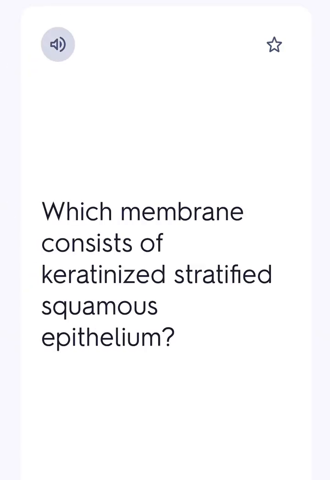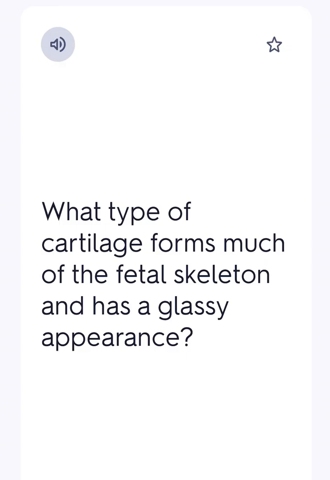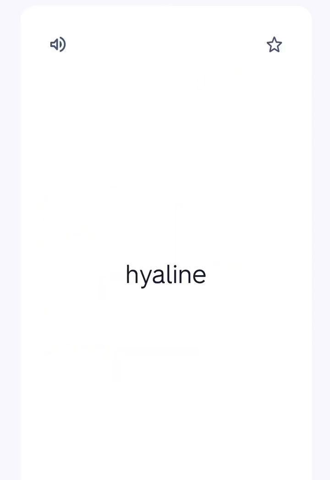Serous. Which membrane consists of keratinized stratified squamous epithelium? Cutaneous. What type of cartilage forms much of the fetal skeleton, and has a glassy appearance? Hyaline.